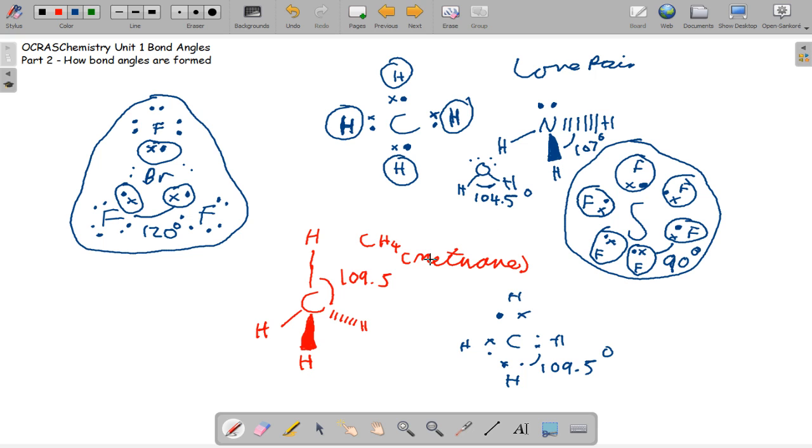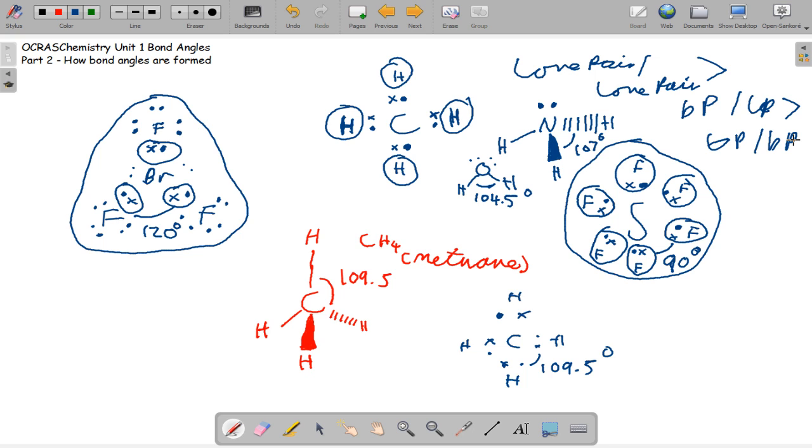And what all these bond angles mean is that lone pair to lone pair repulsion is greater than lone pair to bonded pair, which is greater than bonded pair to bonded pair. I'll put BP for bonded pairs and LP for lone pairs.